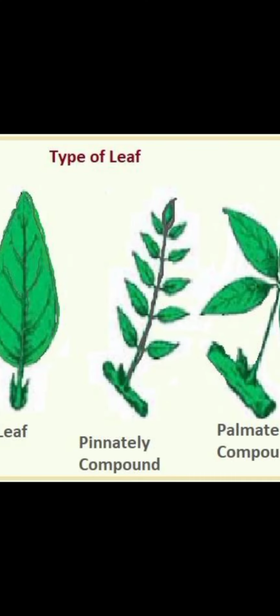Now look at this leaf. This is the pinnately compound leaf. There are several leaflets. These are the leaflets, and there is the main brown colored structure, which is called the rachis. On the rachis the leaflets are arranged. This is called a pinnately compound leaf.